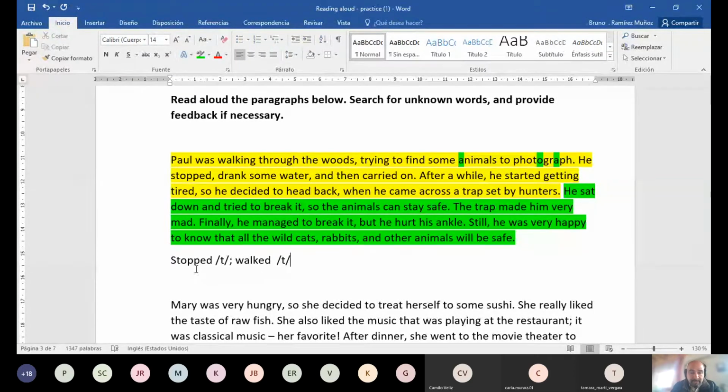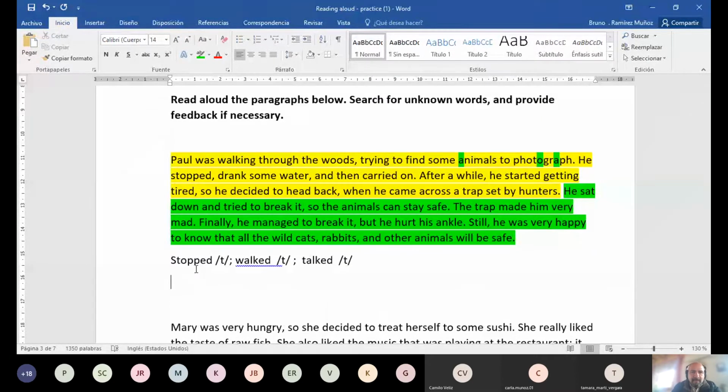Well, I can think of talk again. Talk. Also walked. But if you think of a regular verb ending in a voiced sound, right?